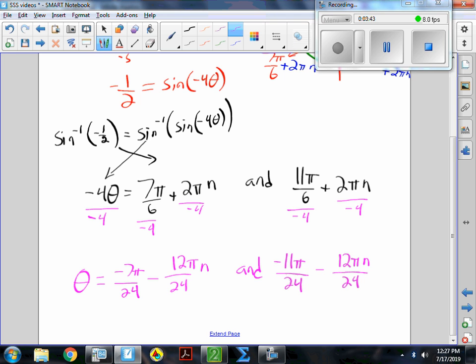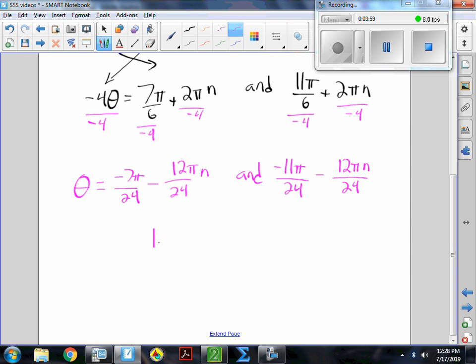So I just put the second part of those expressions, the 12 pi n over 24, into the same common denominator as the first part of the expressions, so it's easier to work with. Because the second part is subtracting, it's making my answer more and more negative, so I'm going to let n equal, since my first one's negative, negative 1, negative 2, negative 3, to negative 8, because I know I'm going to have 8 answers.